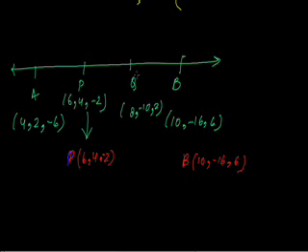We wanted to calculate the coordinates of the point Q. As we know that P and Q are trisecting the line segment joining AB, Q will be bisecting the line segment joining PB.